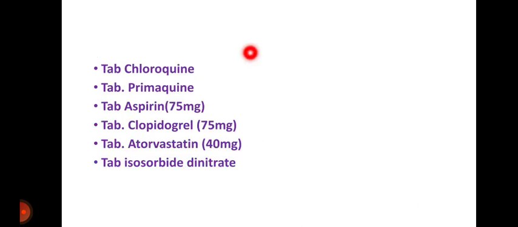Then antimalarial drugs like chloroquine and primaquine are used, and for high-risk cardiac patients who have a high lipid profile, tablet aspirin, clopidogrel, atorvastatin is essential. And for ischemic patients with cardiac pain, to reduce that, isosorbide dinitrate is a very useful drug.